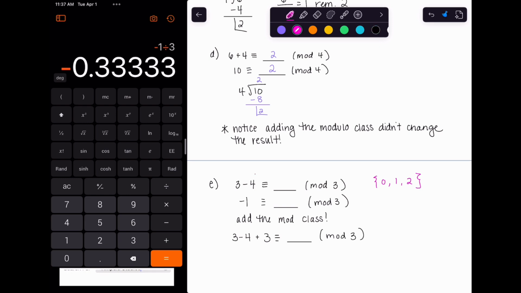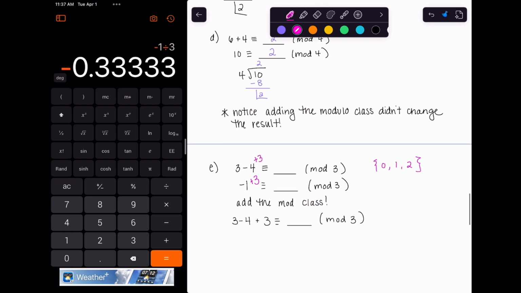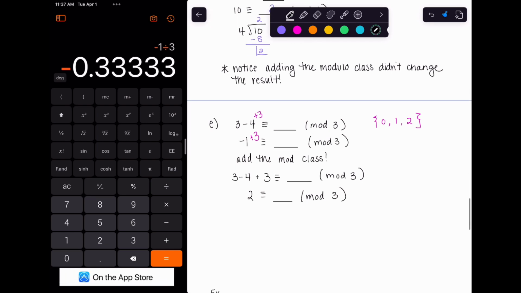So again, you're really adding 3, okay? So this gives me 2 is equivalent to what under mod 3? And that's something I can actually figure out.